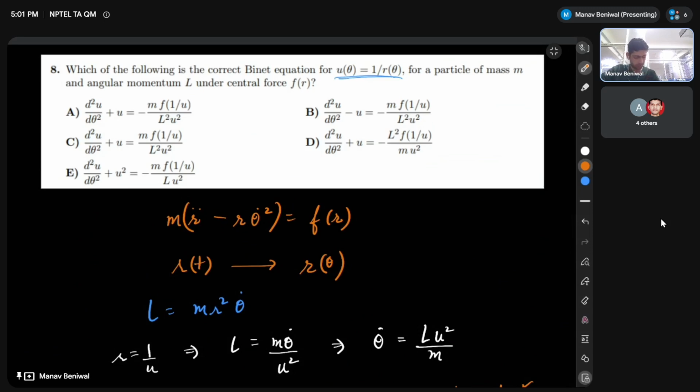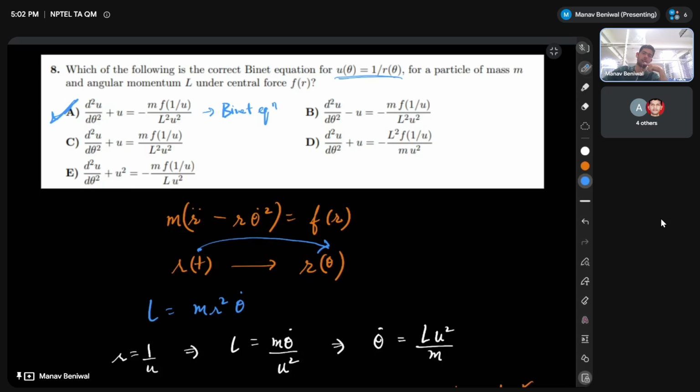So option A, this is known as the Binet equation. Okay, so I have derived it for you. I hope it was derived in the class also. I could not attend the class this week, but yes, here you have it. So this is how we derive the Binet equation. Essentially, what we are doing is going from t to theta, so all the time derivatives we are changing to theta derivatives.